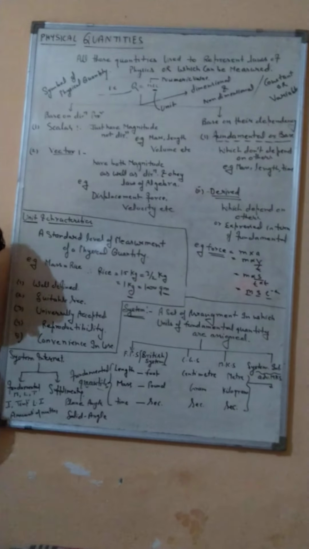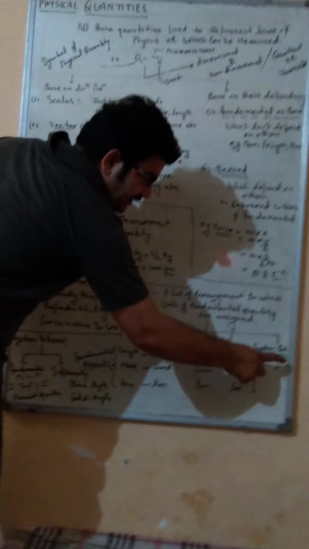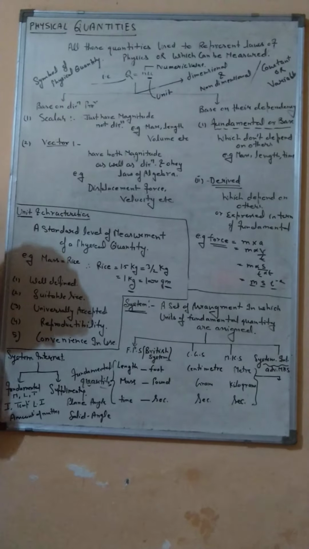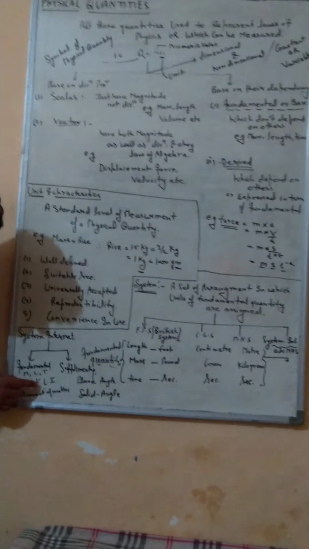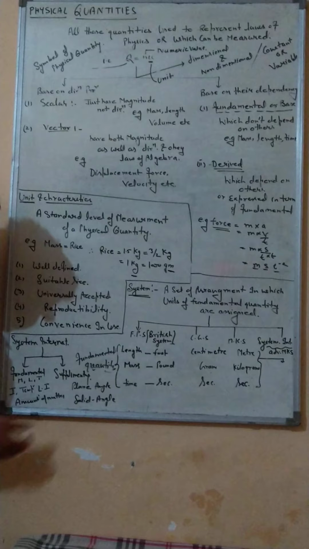Now, the last one that we will discuss, System International. Very crucial. SI is classified into two main categories: fundamental and supplementary. In fundamental, we already have the three base units: mass, length, and time, from the MK system. But it is an advanced version, so some important terms are also added. These four terms are: current, I stands for current; temperature; luminous intensity; and the fourth one, amount of matter.